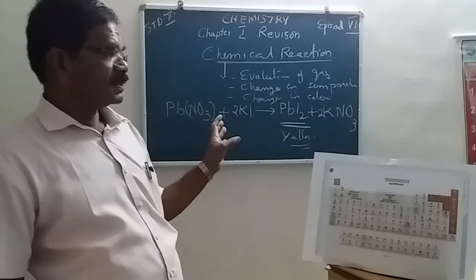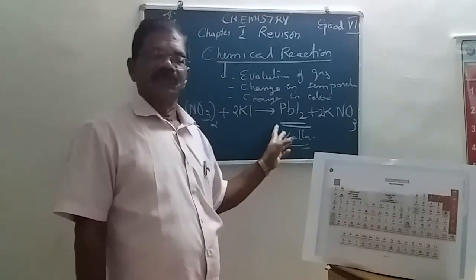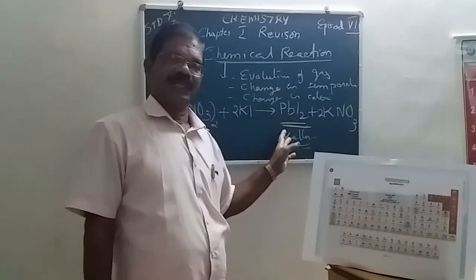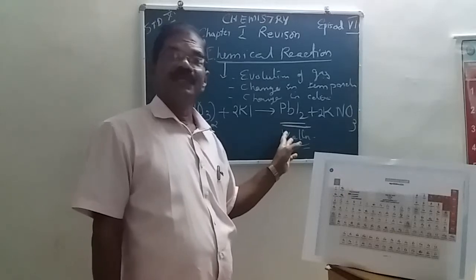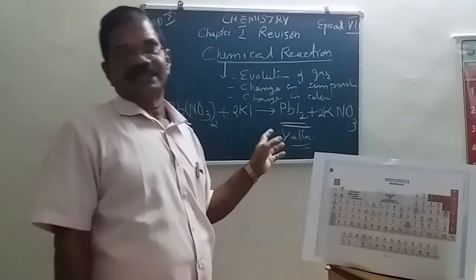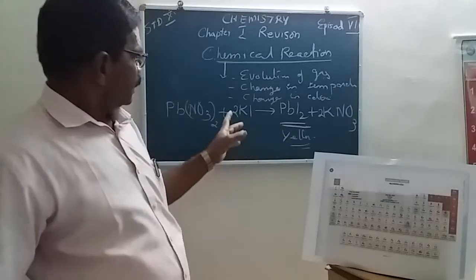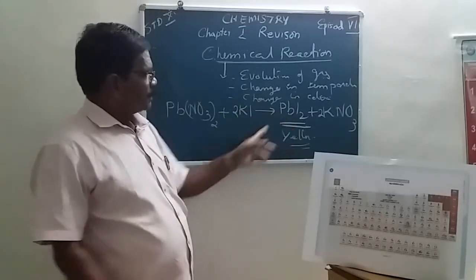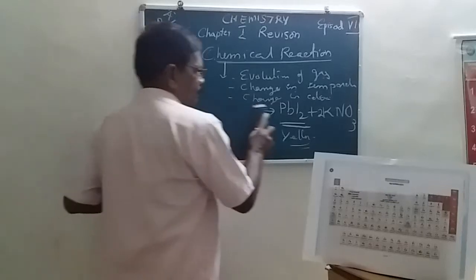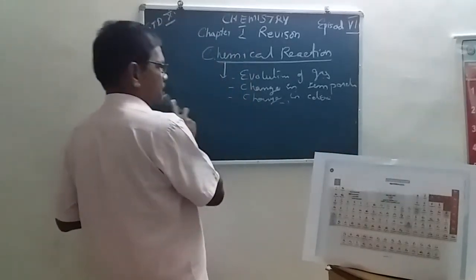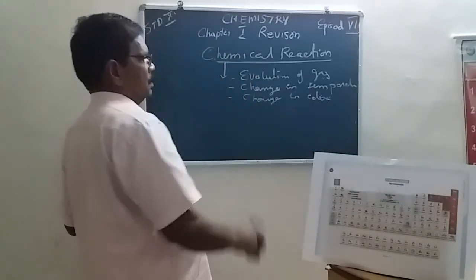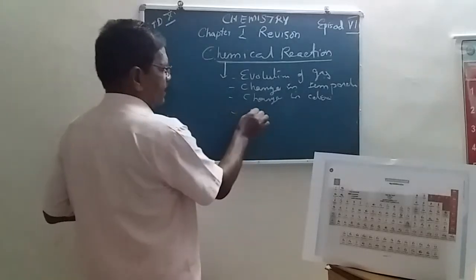In ordinary conditions, certain reactions do not take place. If certain reactions are to take place, the conditions must be changed. Those conditions are known as optimum temperature or optimum pressure. Then this is lead iodide. You can see the change in color. Then change in state.